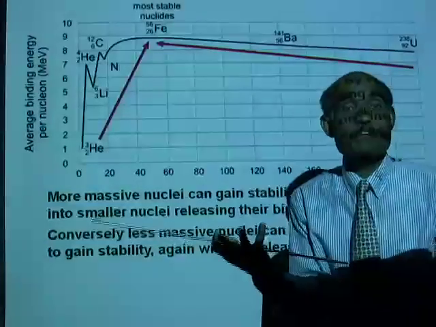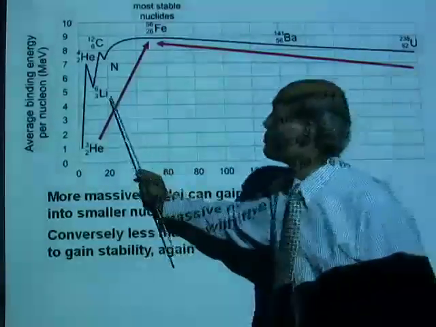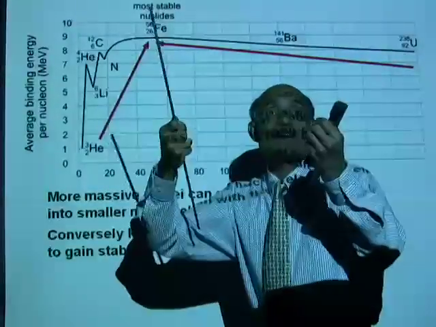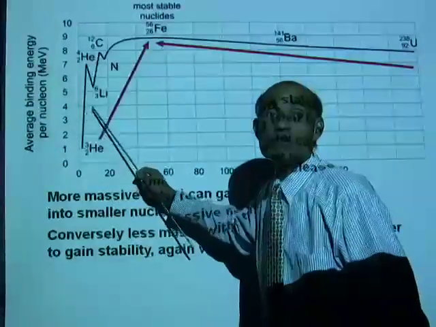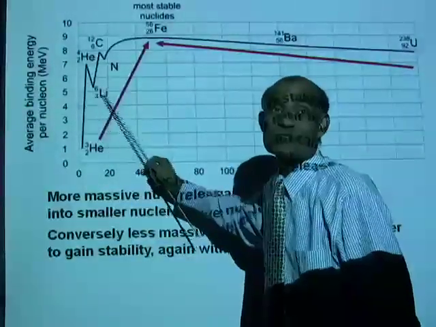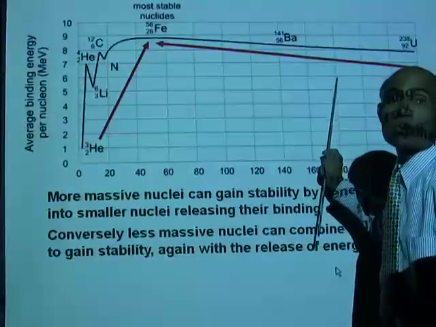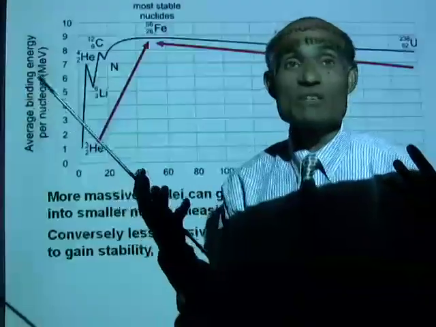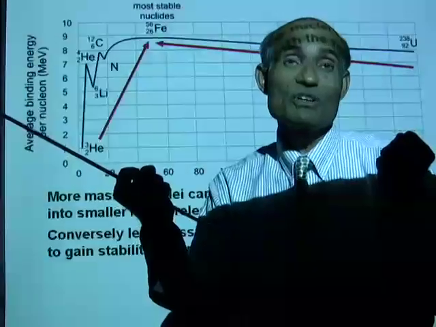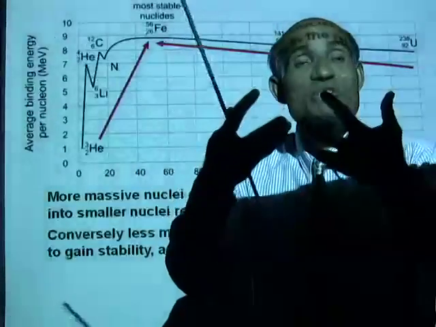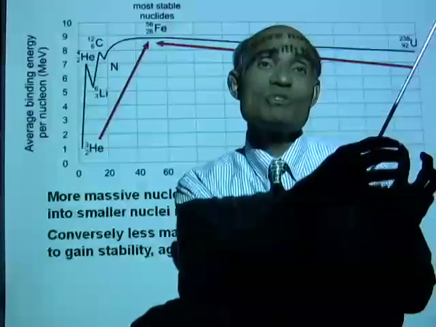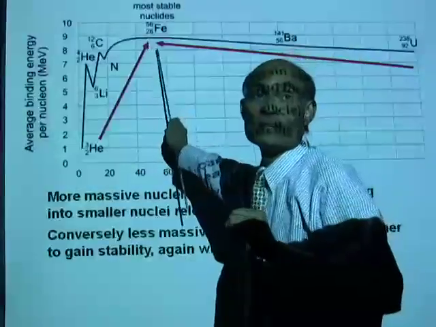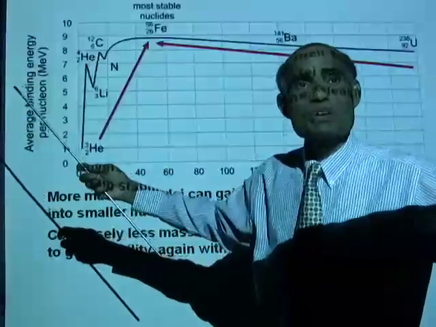Now, a converse effect can also happen. Small nuclei here can combine, releasing their energy, and that is the process of nuclear fusion. And when splitting occurs, that is the process of nuclear fission. So both fusion and fission are processes of releasing the binding energy. When small nuclei fuse together to form bigger nuclei, the equivalent energy is released.